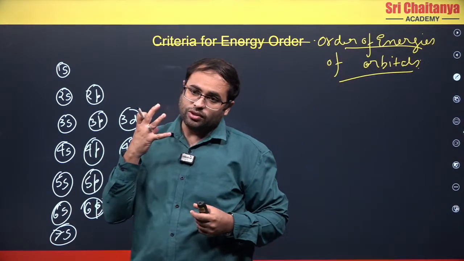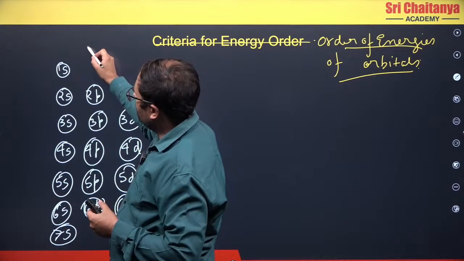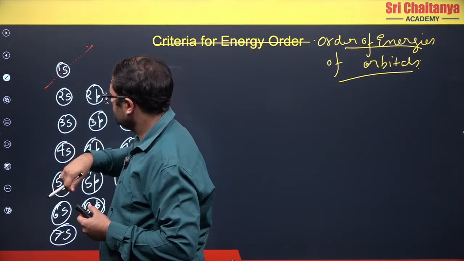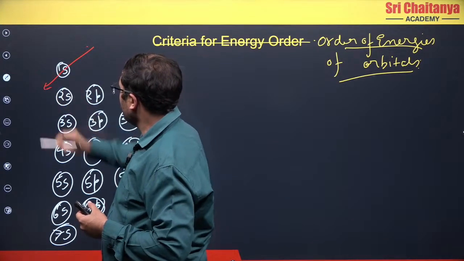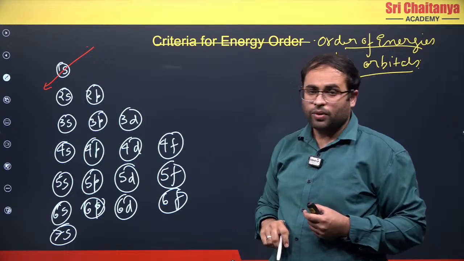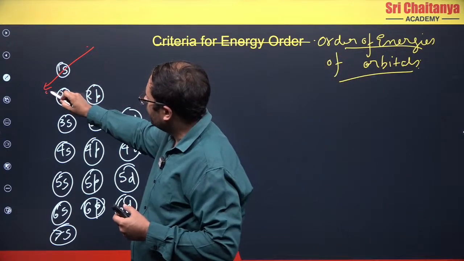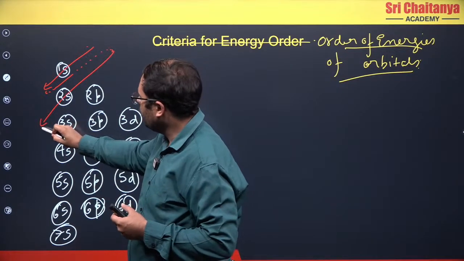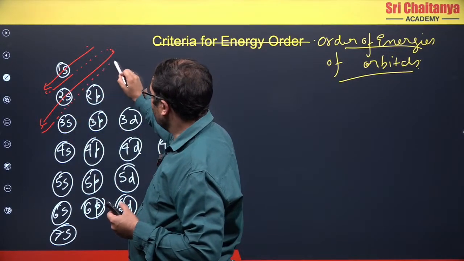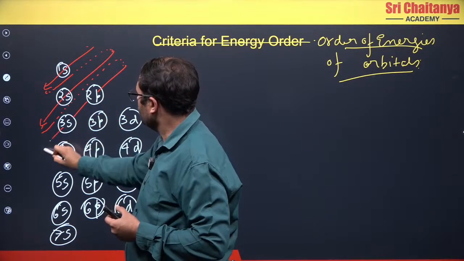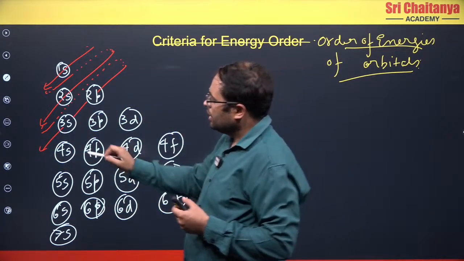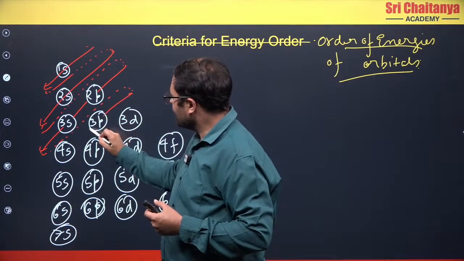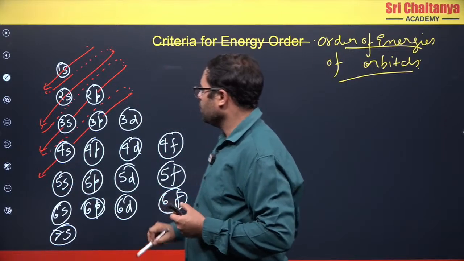So how to predict the energies? Start from here. Draw a straight arrow through 1s. Then through this narrow path, go backwards. Draw another straight arrow through 2s. Now again through this narrow path, go backwards. Draw a straight arrow through like this. Then again go backward through this narrow path. Draw a straight arrow through here.